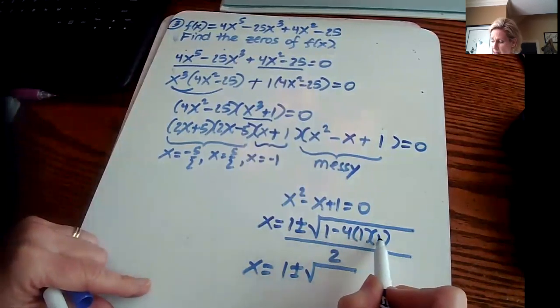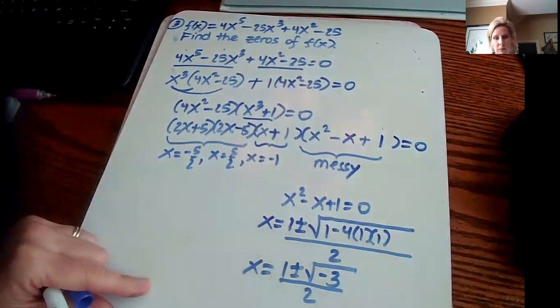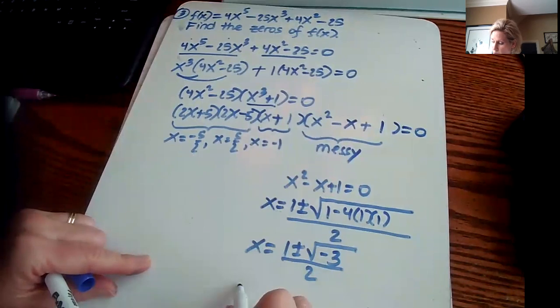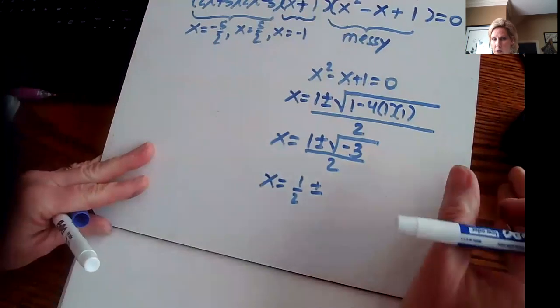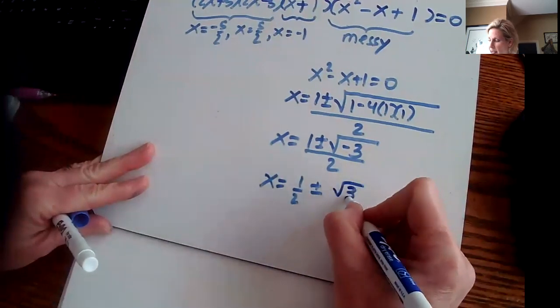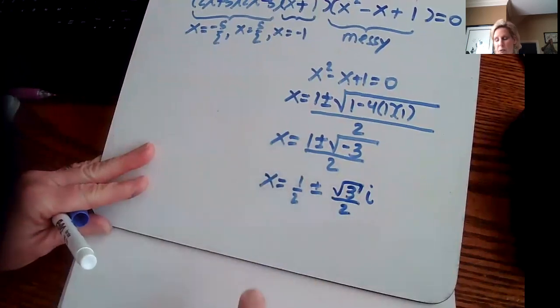So if you plug this in on your calculator, you're going to get negative 3 all over 2. So that's going to give you x equals 1 over 2 plus or minus. Remember, the square root of negative 3. Oh, I'm off screen. Sorry about that. The square root of 3 is the square root of 3i all over 2. So you put it in a plus bi form, right?